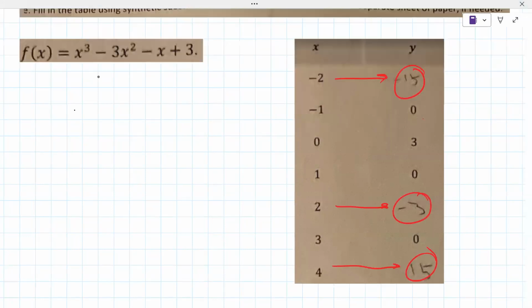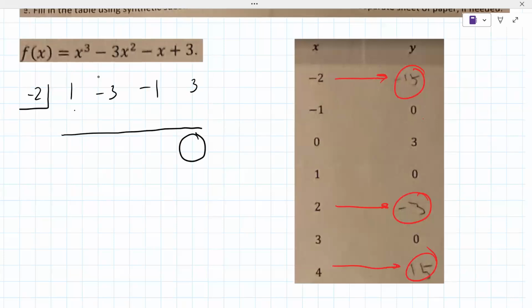So the idea is that you're going to put -2 in the box, the coefficients here, and this time the remainder is going to be this 15. So we're just putting the numbers into the synthetic division, and then it'll tell you what all your answers will be. That makes sense. You have to do it with the original each time.